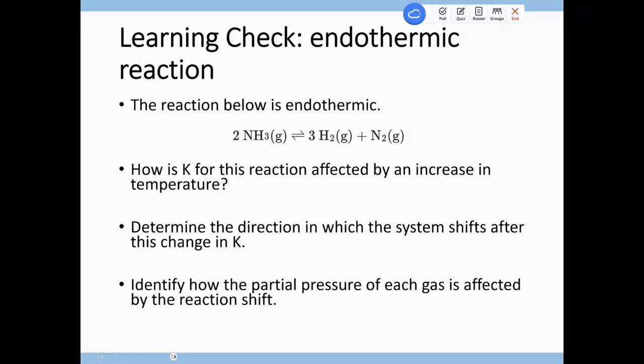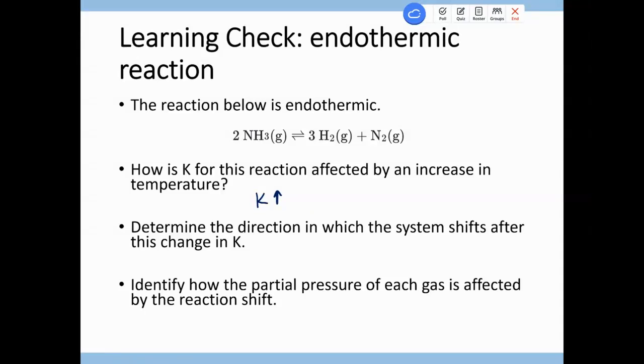Yes, that's true, but why is that true? What causes K to increase? What else has to increase? Products, yeah. So if we have an endothermic reaction that requires energy to form products, we add more energy and more products will be formed, which means K will increase. So K increases.